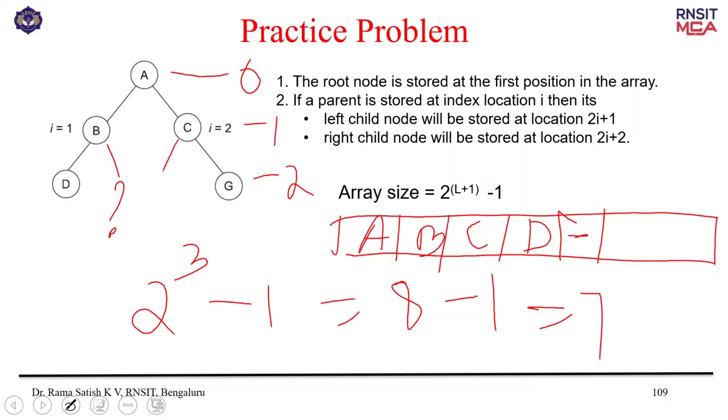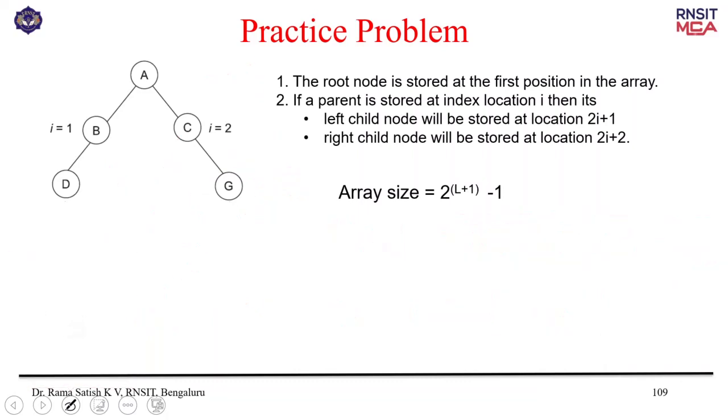Next, after C, you don't have any element, again you leave a gap, put a hyphen. Next, G has to be stored. So like this: A, B, C, D, hyphen, hyphen, G. This is how it has to be stored.